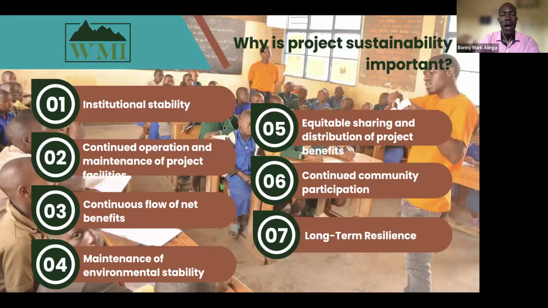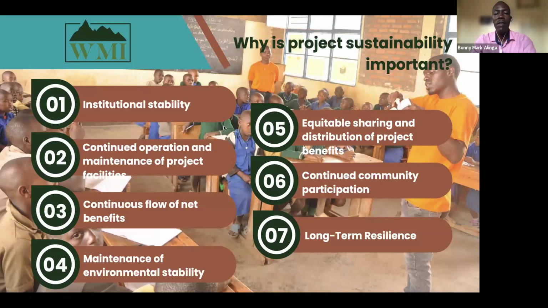Then there is continued operation and maintenance of the project facility. Imagine you did not think through how the project will be sustaining. You're bound to have operational costs, you're bound to have maintenance costs, and once these are not planned for, not forecast, not thought through, your project is bound to have problems.